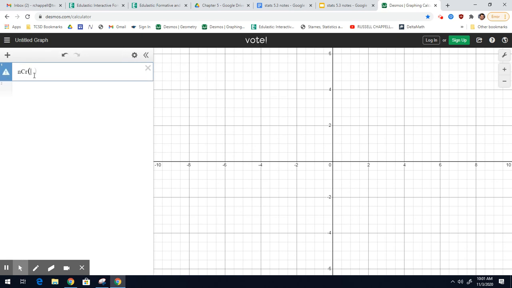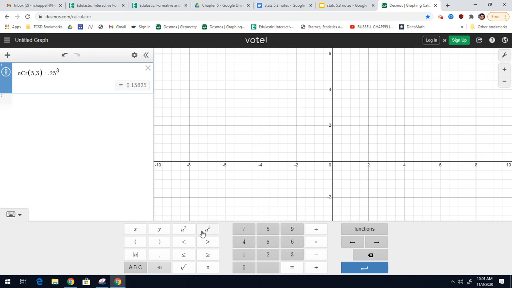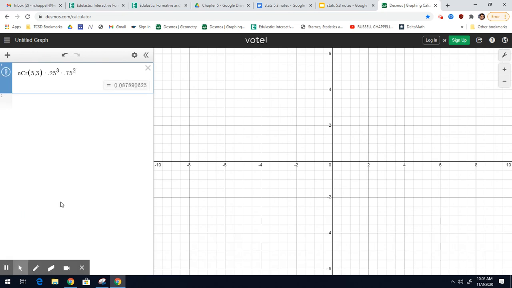Remember, r is k. We want 5, comma 3 times. Okay, and now we're going to do 0.25 raised to the third. Then you can use the keyboard, you can use the AB button as well, times 0.75 raised to the second.